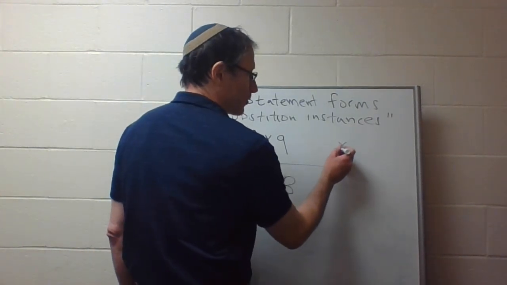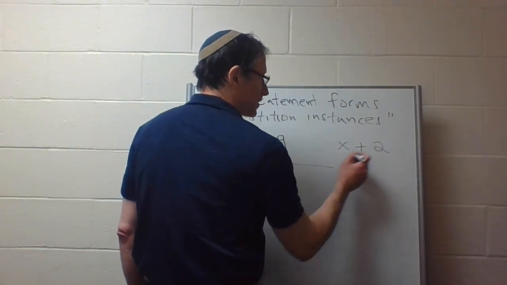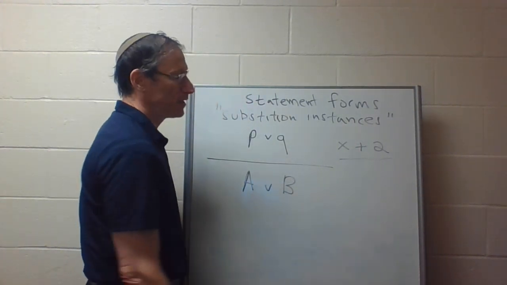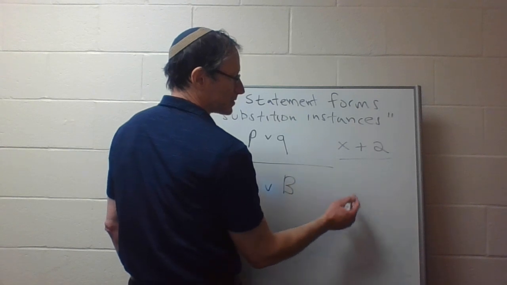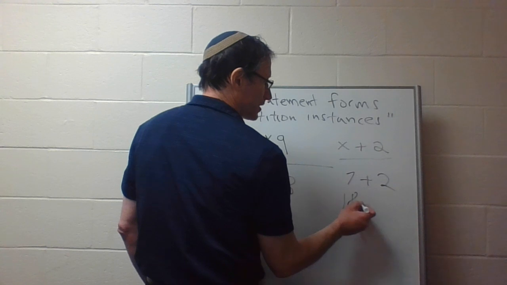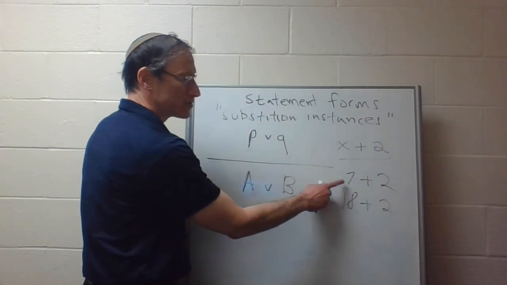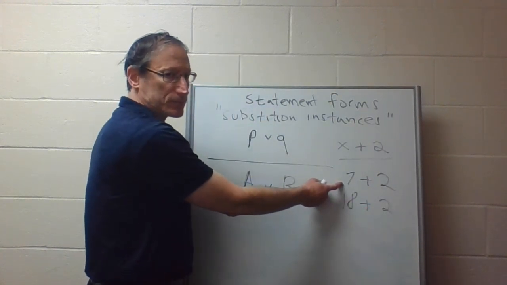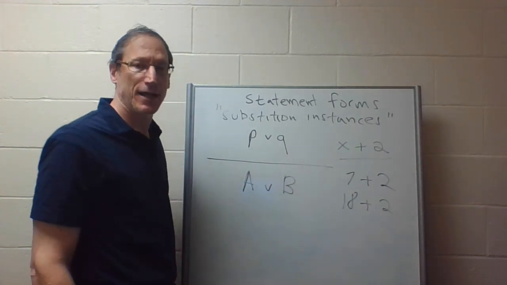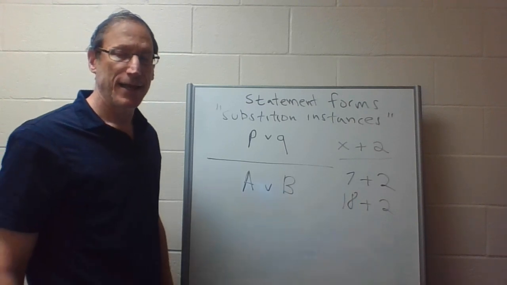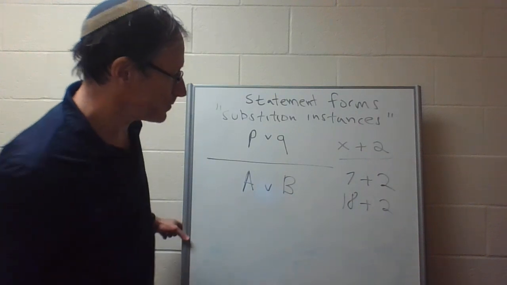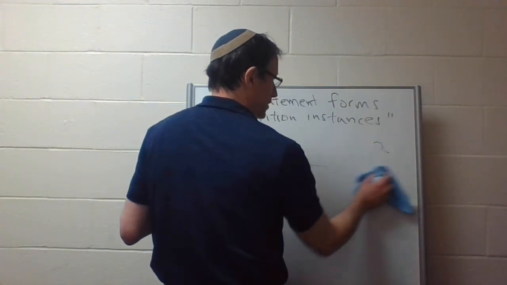Just to flip over to arithmetic for a second, if you looked at that as an arithmetical form, any number plugged in for x would be correct here. 7 plus 2, 18 plus 2, right? So 7 represents a specific number, whereas x is a variable that can take as a substitution instance any number, right? So there's something similar going on with logic.